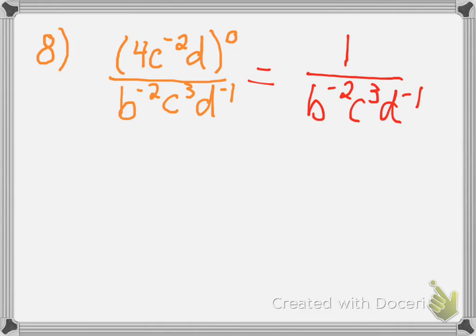So b to the negative 2 is going to go on top, and it becomes b to the positive 2. C to the 3rd is going to stay on the bottom because it's positive. And then d to the 1st is going to move to the top. Then you're going to check and see if anything else cancels. Nothing does. So this is your final answer.